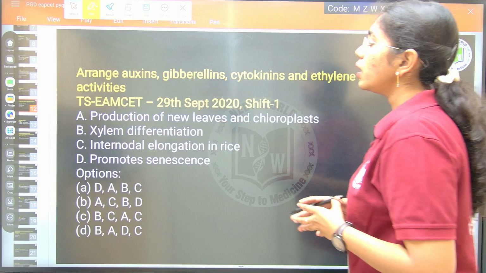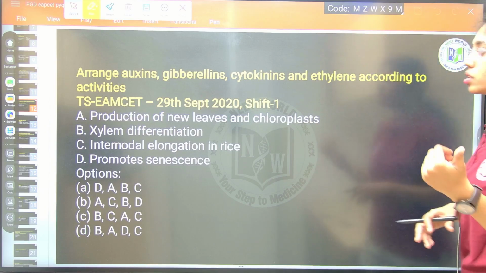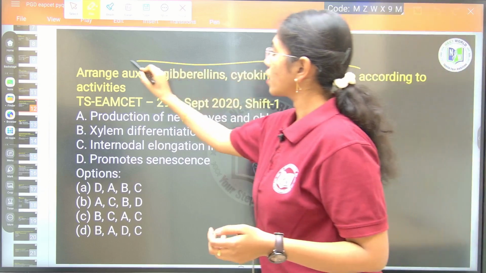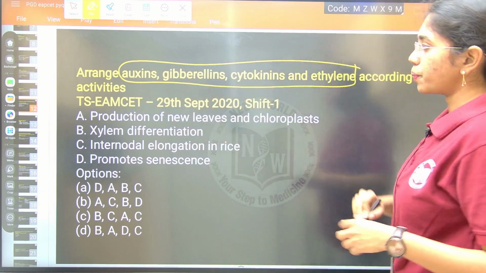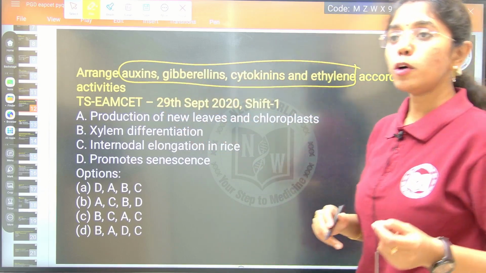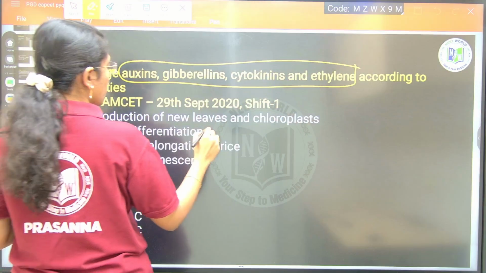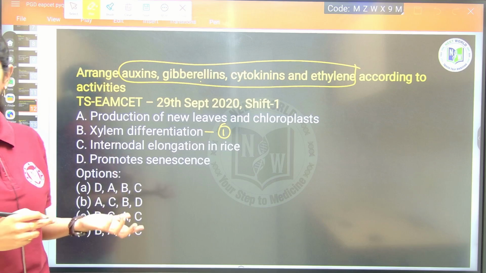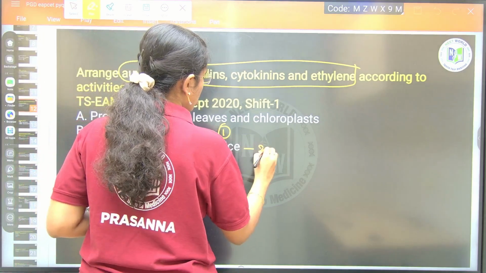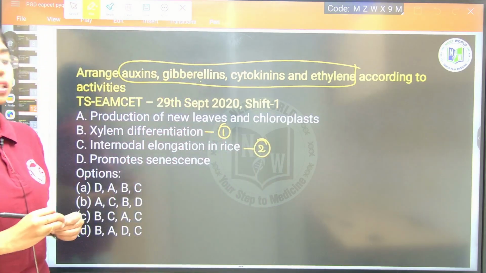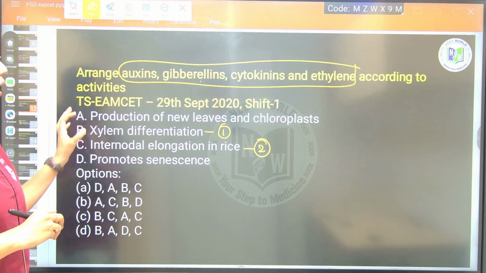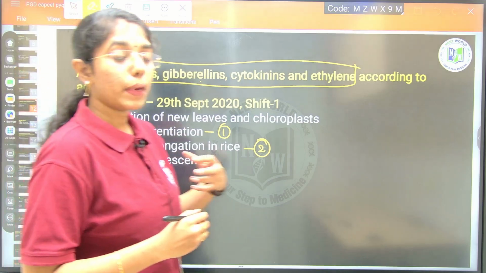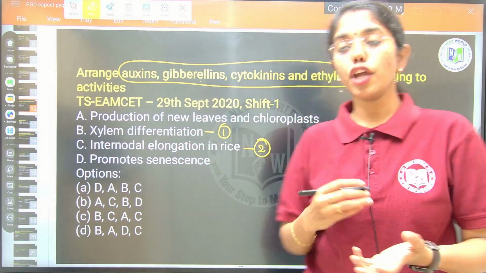Here you look into arranging the auxins according to their functions. Auxin, xylem differentiation. First, you see internodal elongation in the rice. Cell division.